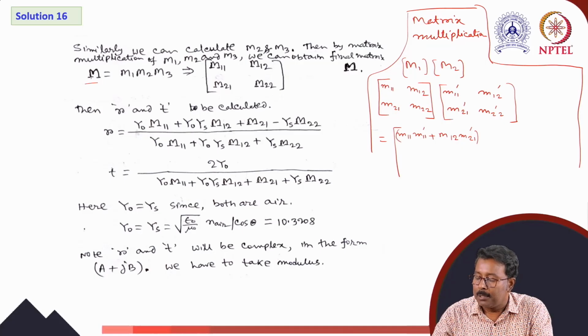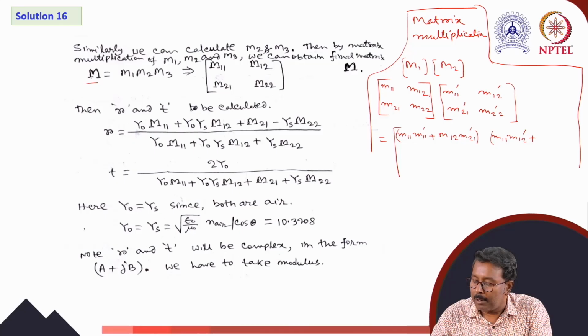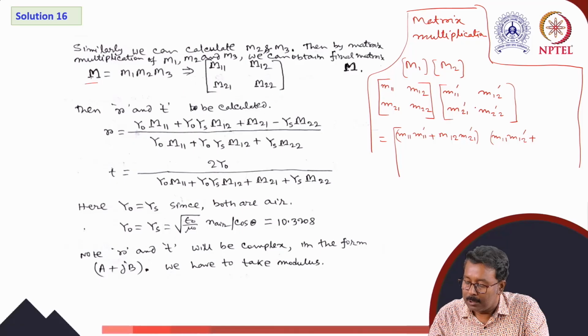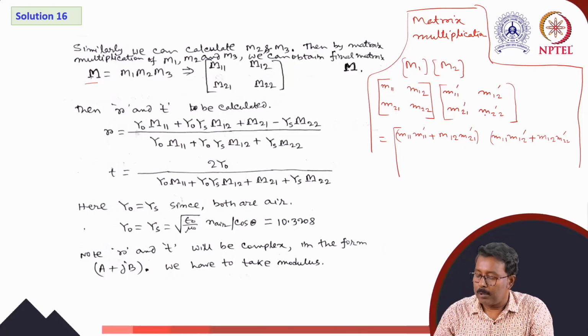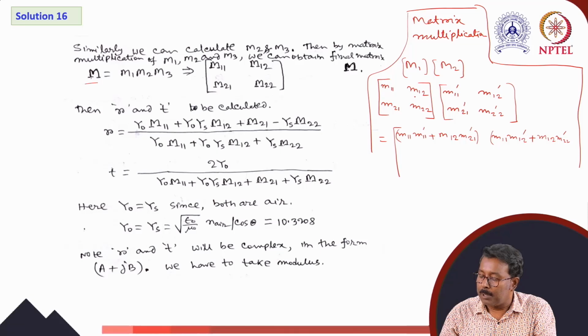The second element is m11 into m12 dash plus m12 into m22 dash.